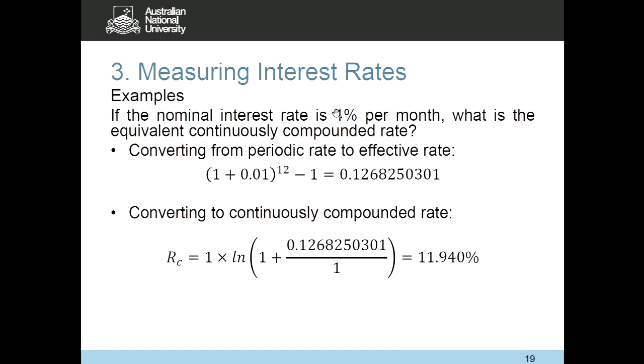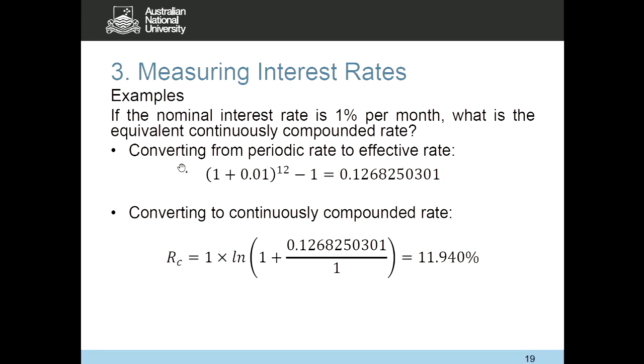All right, what if I give you a periodic rate? Here's one example. What if I tell you that the nominal interest rate is 1% per month? What is the equivalent continuously compounded rate? It involves 2 steps. The first step is to convert that periodic rate into an effective rate. It's per month, and we want to know how much you actually earn per year on an annual basis. So that's 1 plus 1% raised to the power of 12 minus 1.